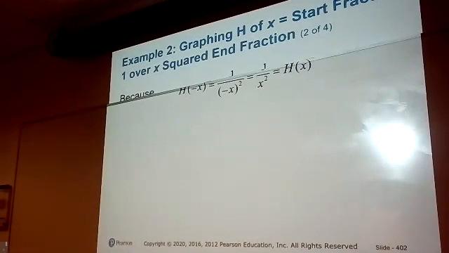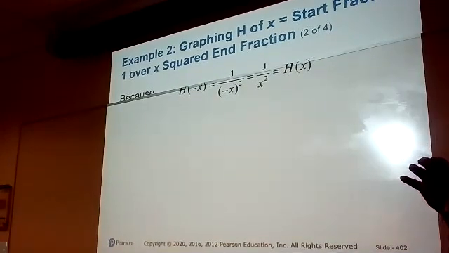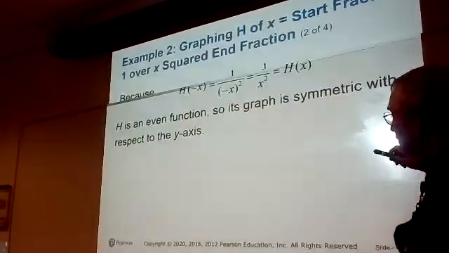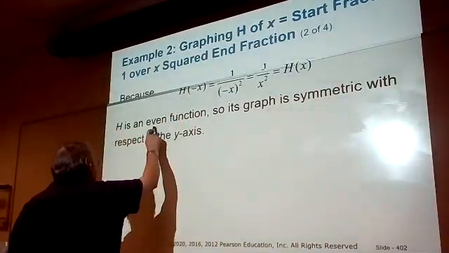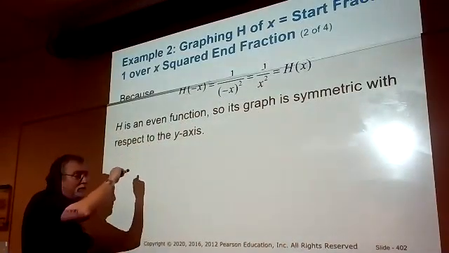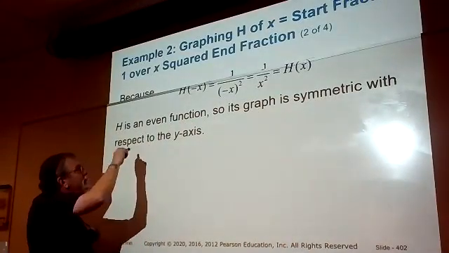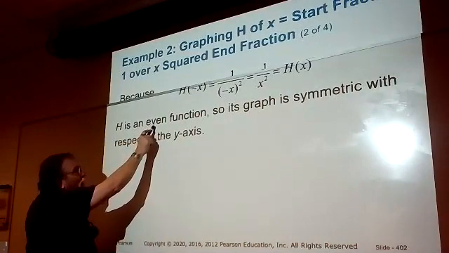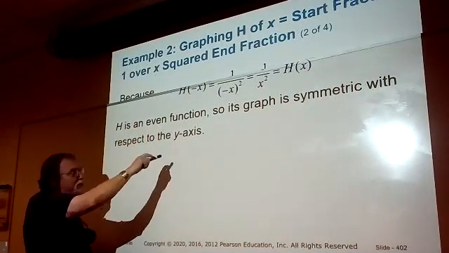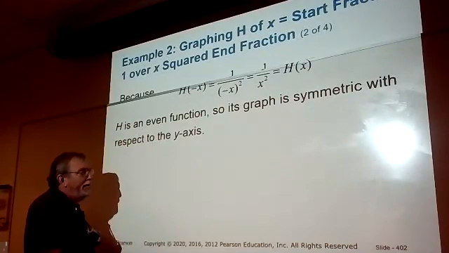Still going to be using that. It's a certain type of function that has certain properties, which we use. So it's an even function. Remember that now? Light bulbs are going on in the head. Okay. So this is an even function. So that means it's going to be symmetric to the y-axis.